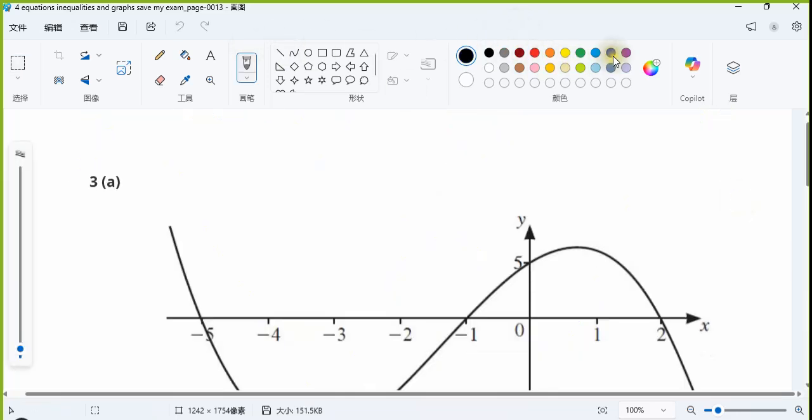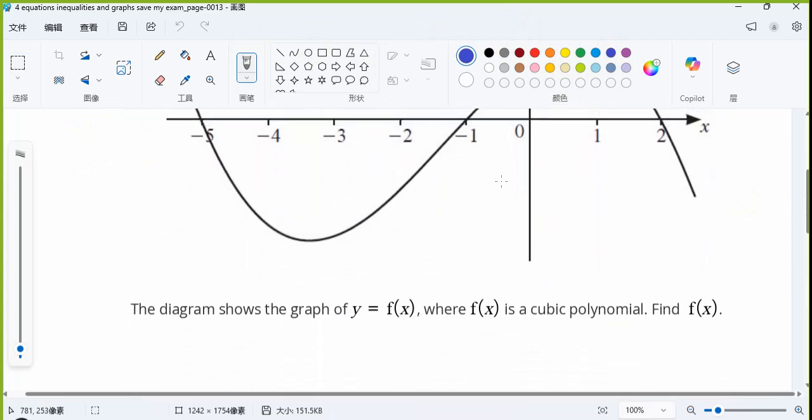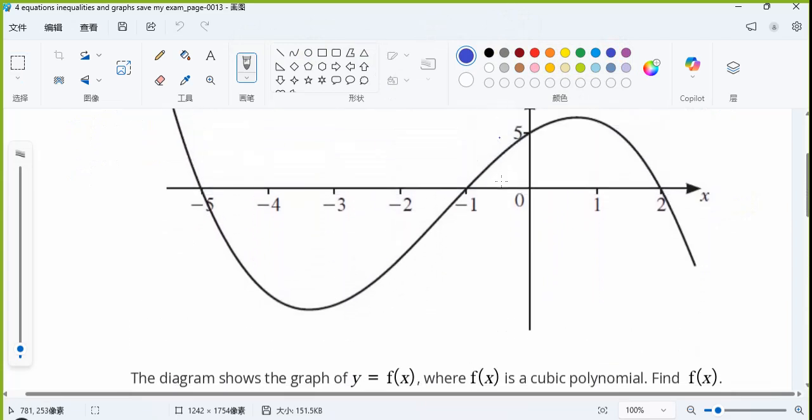Question number 3. The diagram is a cubic graph. Write the polynomial. We know that the shape is like this, so we have f(x) equal to ax cubed, and the a will be negative. The x-intercepts are negative 5, negative 1, and 2.